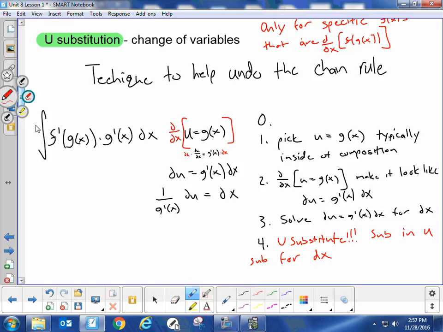Okay? So what does that mean? That means when I have g of x, I said that was equal to u. I'm going to put a u there. And now here's the key. dx is right here. I'm going to take this entire thing that is equal to dx, and I will replace the dx there with it. Everything else stays.